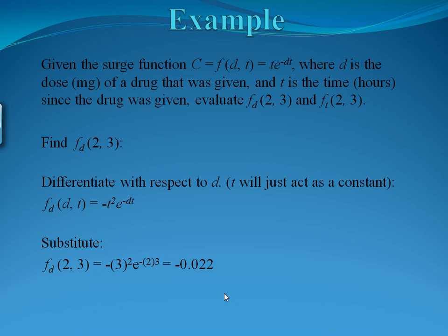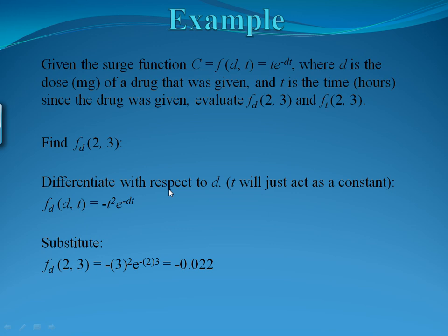So let's start with the partial derivative with respect to d at (2, 3). The first thing we want to do is find the general partial derivative with respect to d. Since we're doing it with respect to d, that means that t is a constant. So we have a constant times e to the negative d times a constant.